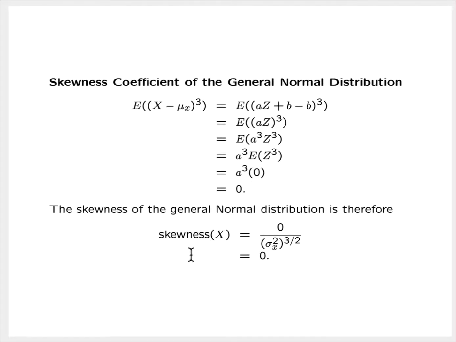Because the skewness of the general normal distribution does not depend on either of the two parameters, A or B, or equivalently the mean or the variance, which would be A squared, but it's 0, this tells us that every normal distribution has a skewness coefficient of 0, which is not surprising because we probably knew intuitively that every normal distribution is symmetric about the vertical line going through its mean. But this is mathematical confirmation that that intuitive idea is in fact true.